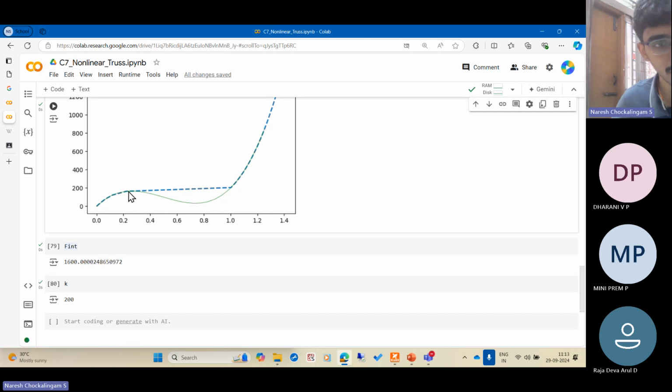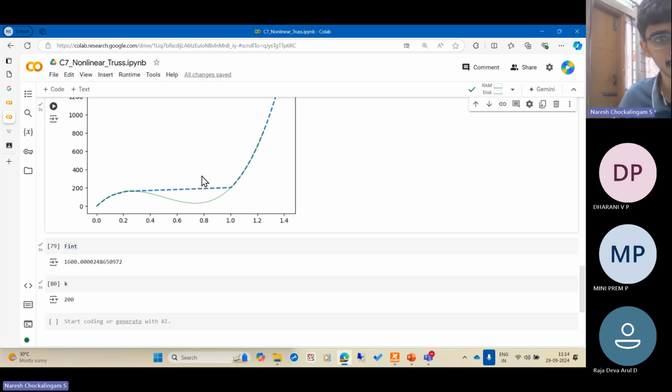When we go to the limit point, there are some issues. We cannot capture this. If you increase the force a little bit, the only solution it has is here. So from here, it is directly going to this. But in reality, what will happen if we apply a force more than what it can sustain?